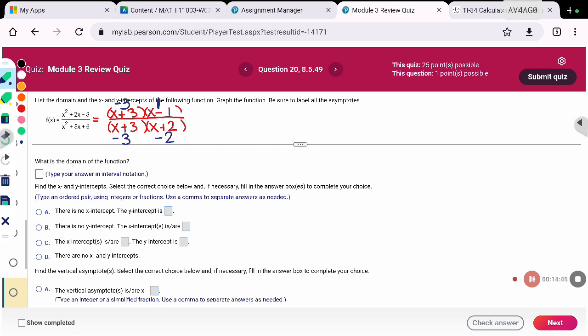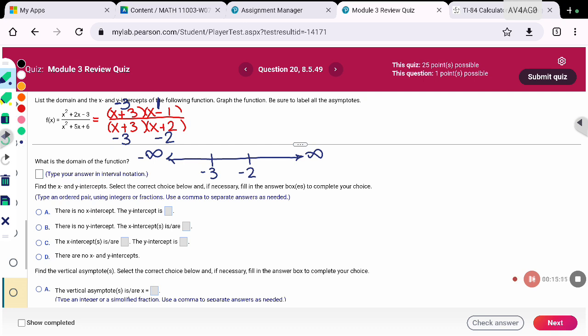So, first question is, what is the domain? So we want to exclude the zeros of the denominator from the domain. So I like to look at my number line from negative infinity to positive infinity. Put my restrictions in the order that they come, so -3 comes before -2.